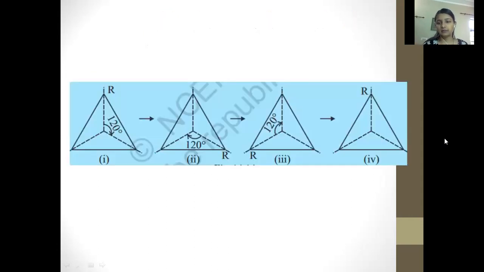But what about this image? What are you inferring from this? This is an idea of the equilateral triangle only. If we are drawing an equilateral triangle and rotating it, it has a center point.